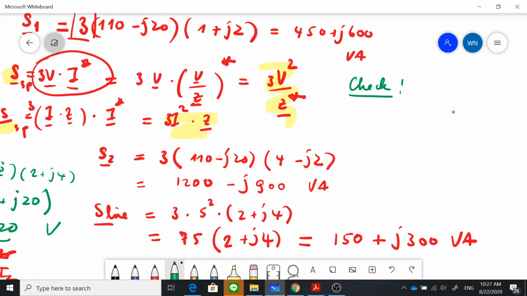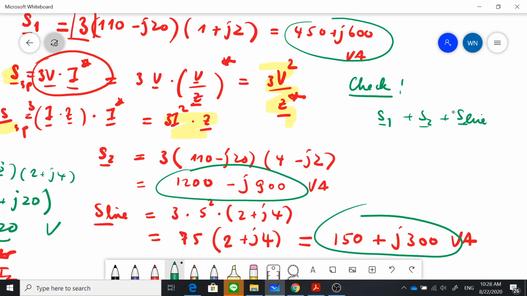Now you see the sum of S1 plus S2 plus S line. This is S1, this is S2, and this is S line. Now you can see the sum of these three. 450 plus 150 is 600. 600 plus 1200 is 1800.